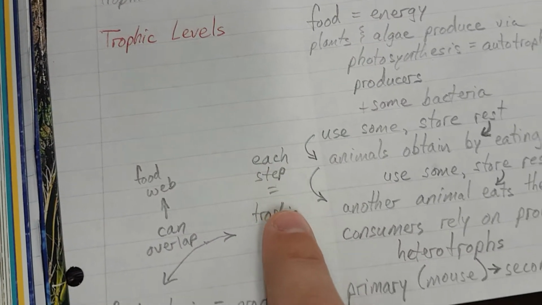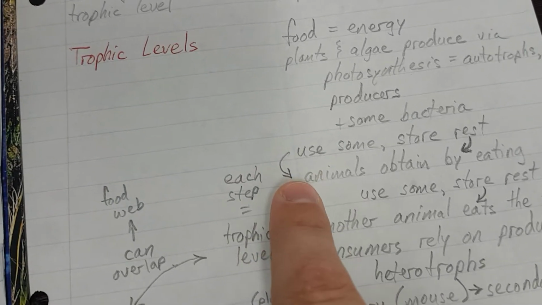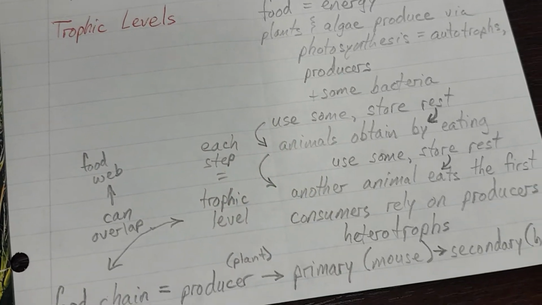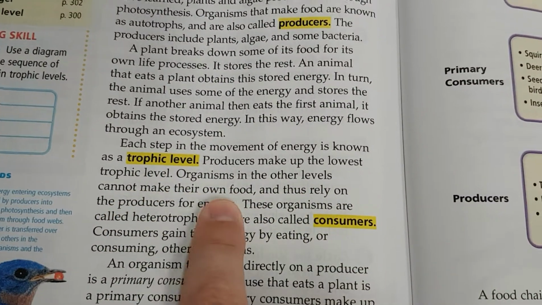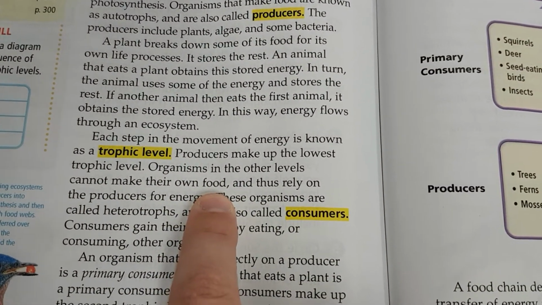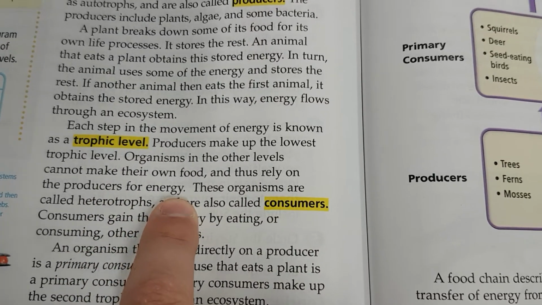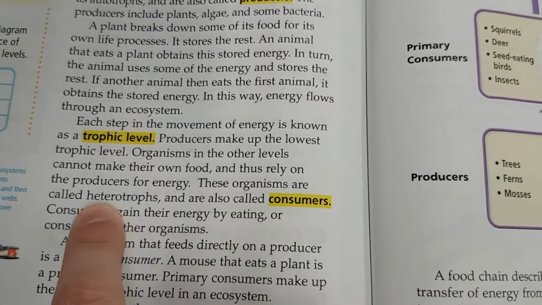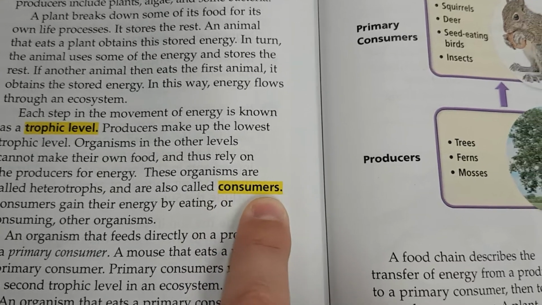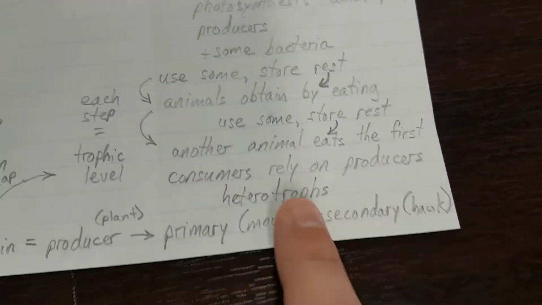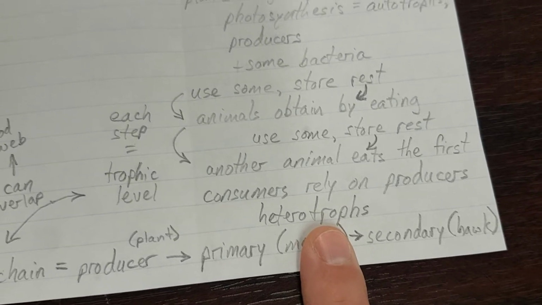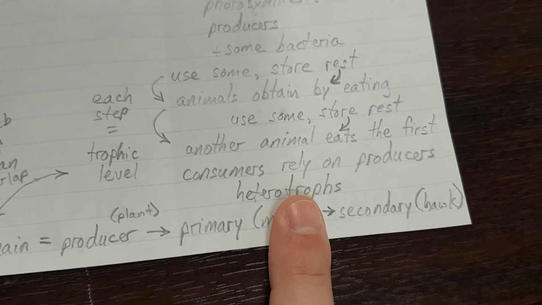Each step equals trophic level. 1 step, 2 steps in the example that we have. Organisms in the other levels cannot make their own food and thus rely on the producers for energy. These organisms are called heterotrophs and are also called consumers. Consumers rely on producers, heterotrophs, because consumers are heterotrophs.